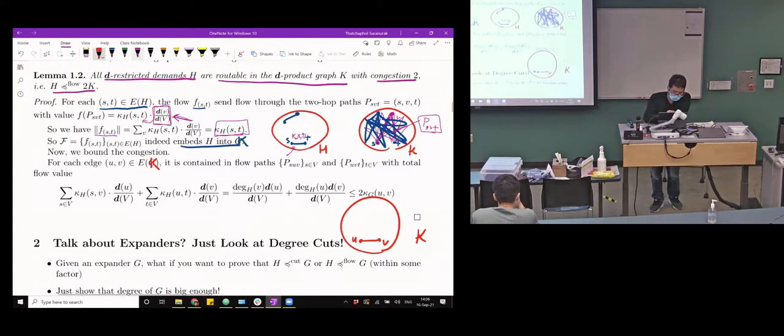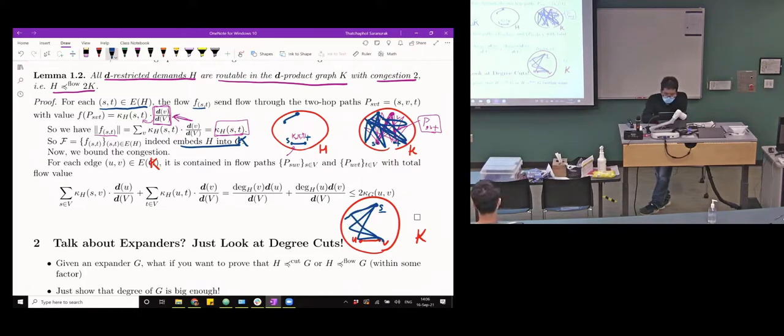Well, it's going to be used in many paths. There are two types of paths that will use this edge. One is just when you have a source S and you would like to send it from S to V. If you have the demand from S to V, it's going to send flow through many guys to V, right?